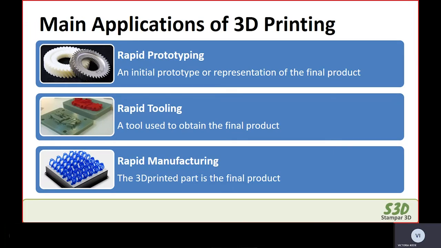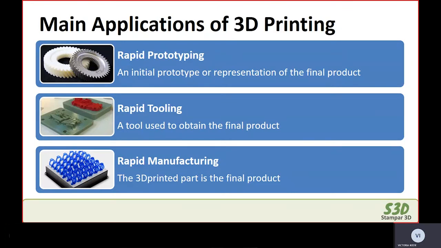So now talking about applications of 3D printing, I would like to break them down into three main categories. All these industries use additive manufacturing in one of these three ways. The first way is rapid prototyping, which involves creating a representation of what your final product will be.